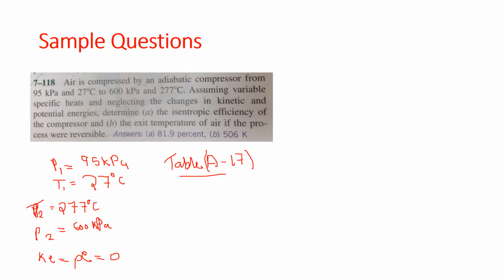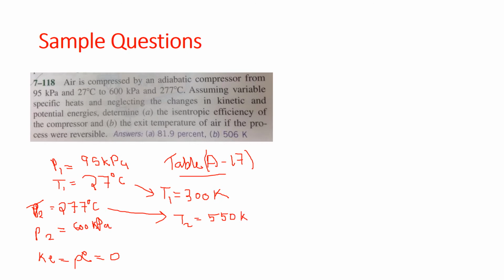T1 is 27 plus 273, which converted to Kelvin is 300 Kelvin, and T2 is 550 Kelvin.